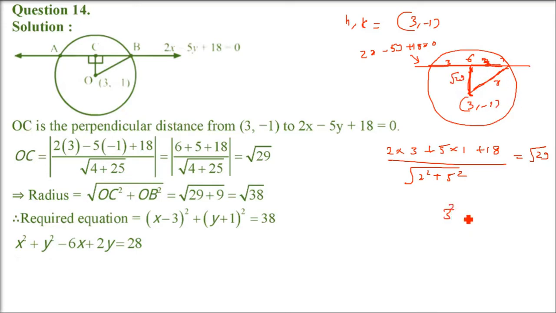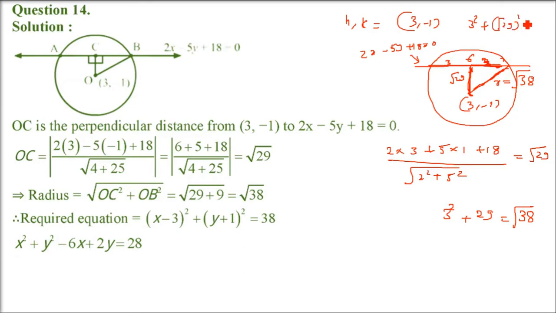So what will R squared be? It is 3 squared plus 29, that is 38. So R squared is 38, and the radius is the square root of 38.